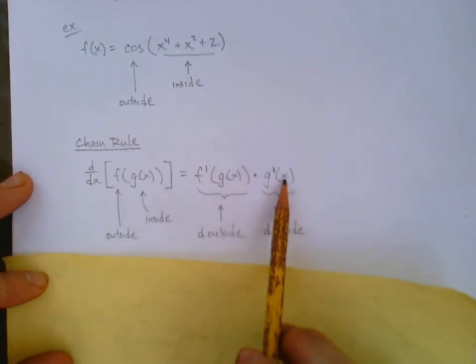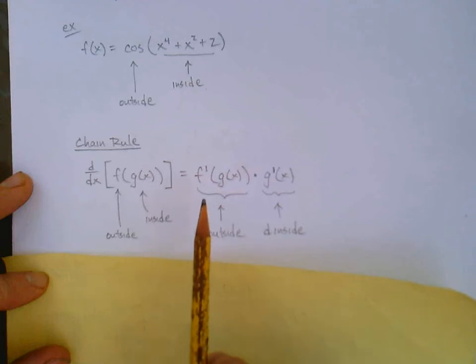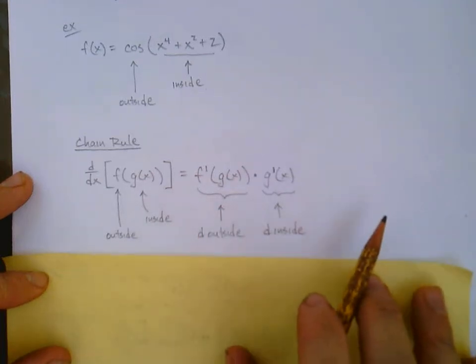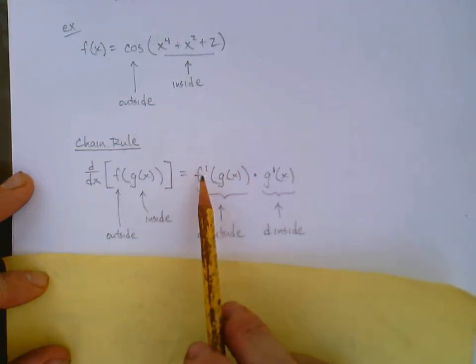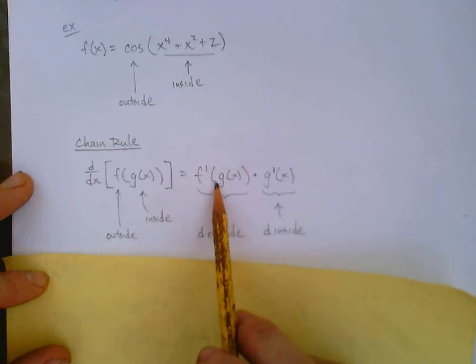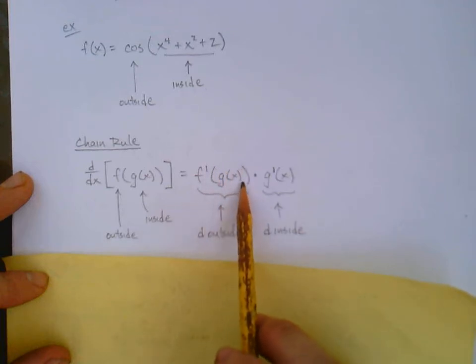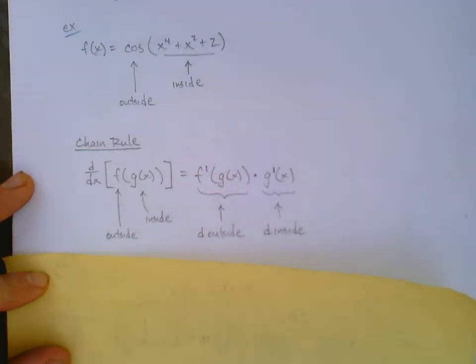Like link 1, link 2. One thing that takes some practice to get used to is that when you do f prime, for this step at the beginning, you leave the g alone. That goes untouched. All you do is copy it.